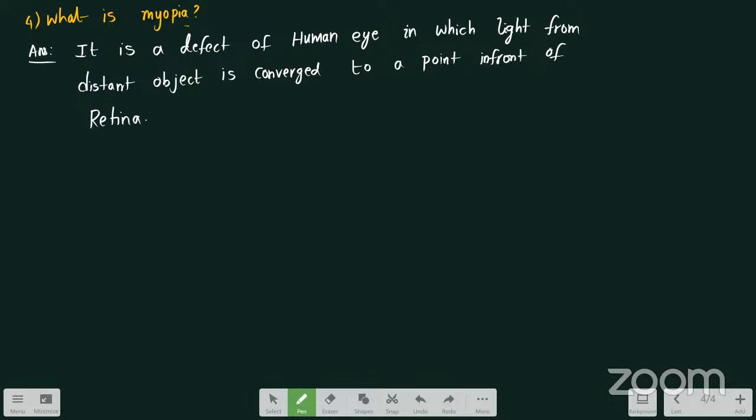So how can we correct this myopia? Myopia can be corrected using concave lens.